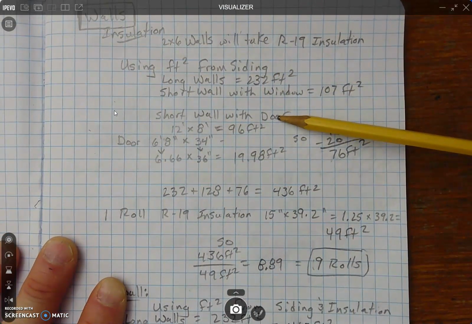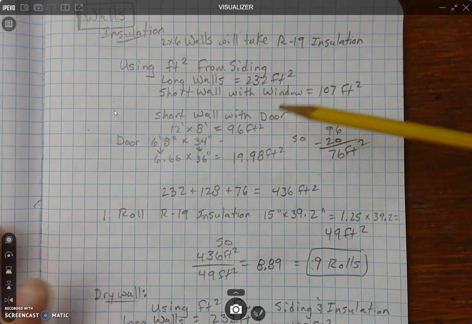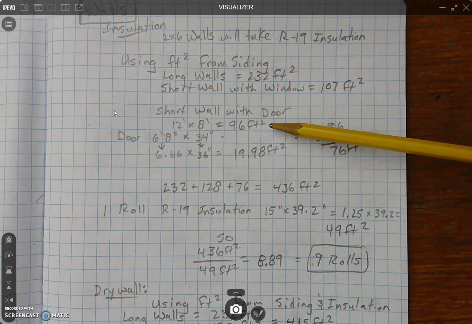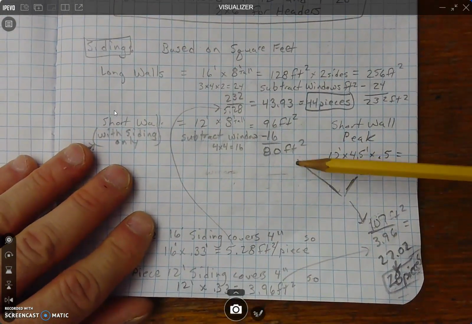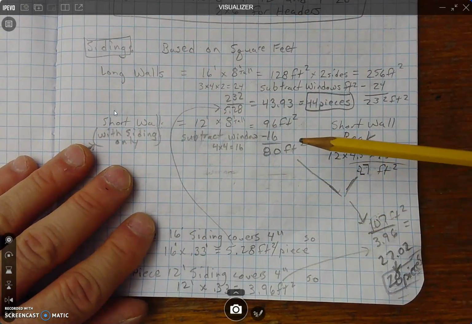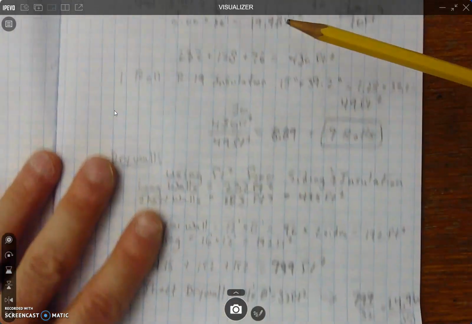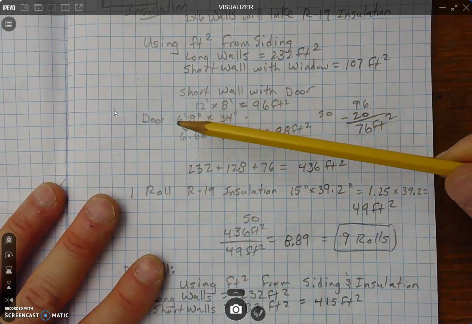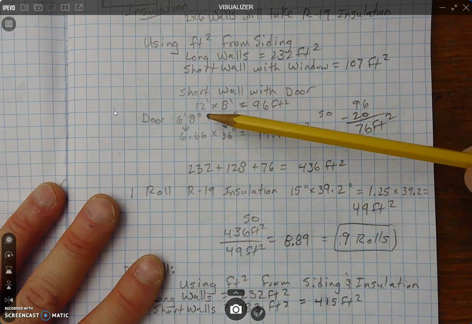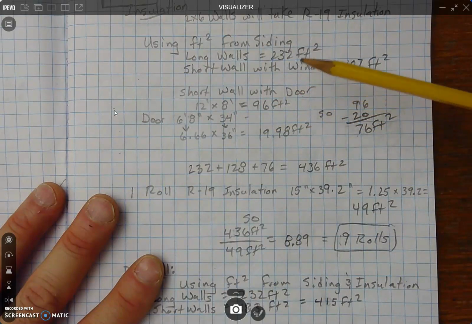We also need to figure in the wall that has our door, because we're going to put insulation in that wall. The reason we didn't use the door side over here is because we don't have siding on that side. It's brick, so we only have to figure one end wall for siding, because one of them is brick. But we need to put insulation even though that's a brick wall. So the only square foot calculation we do is here. Same thing, 12 times 8 equals 96, plus our 27.